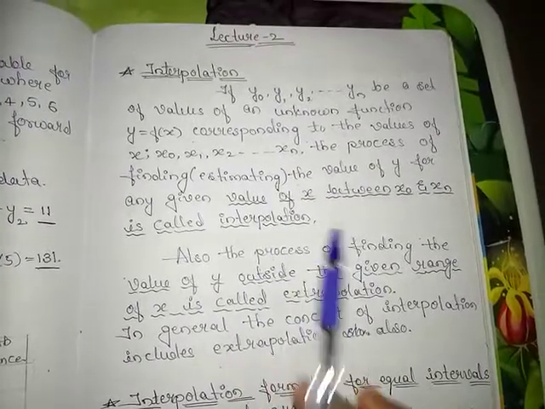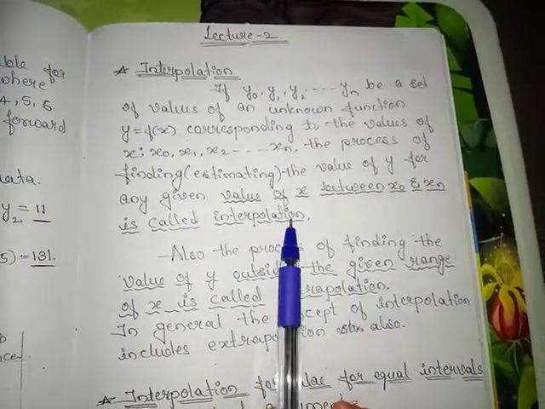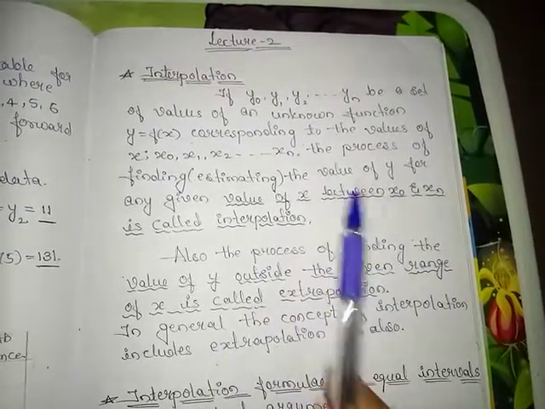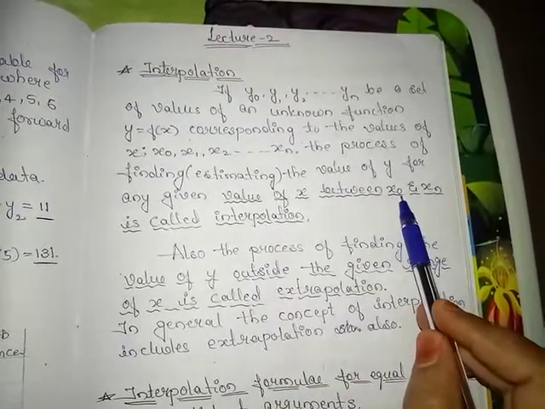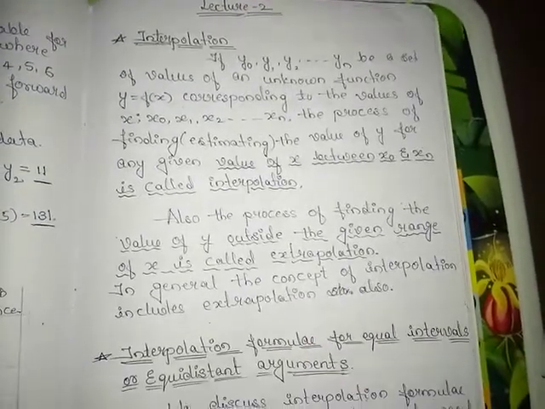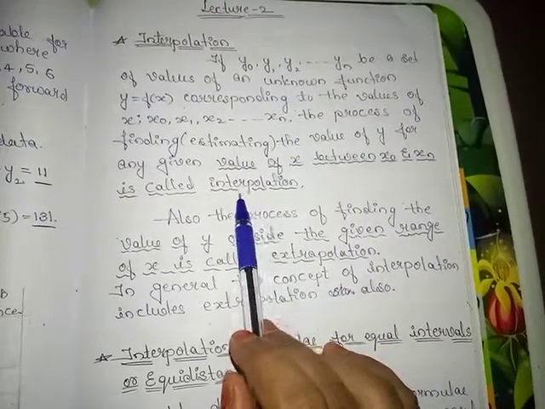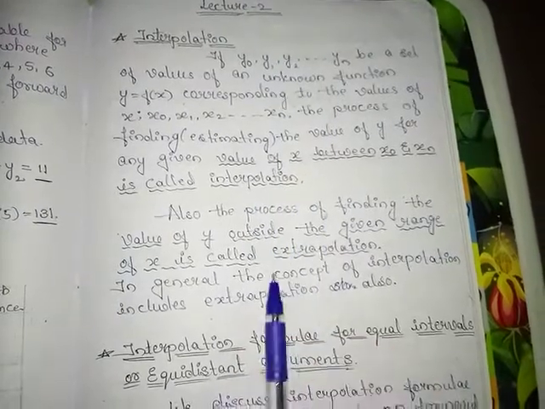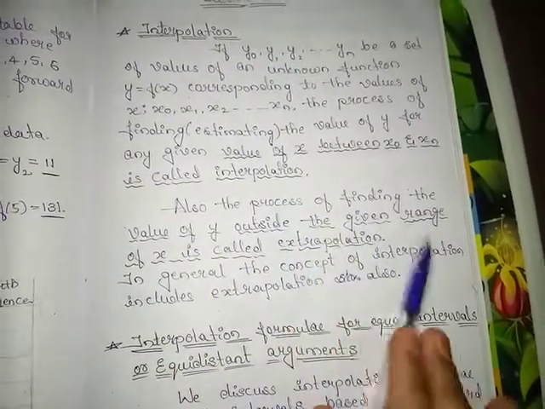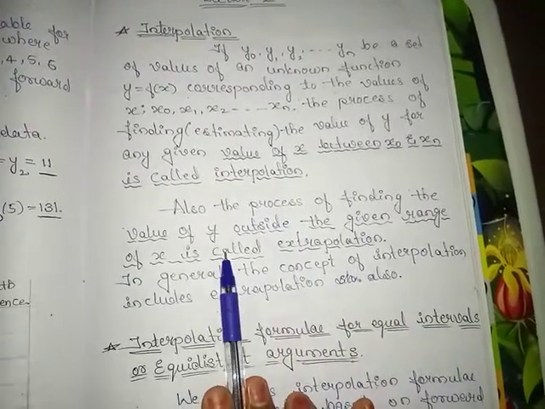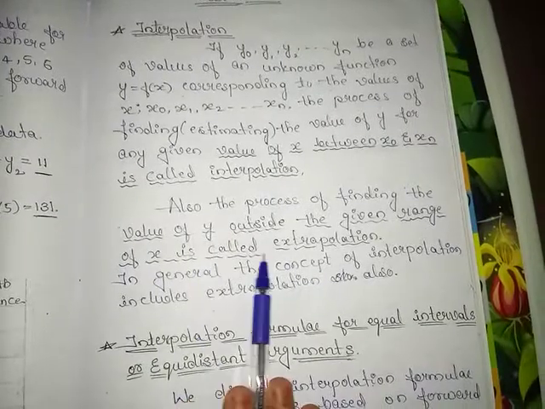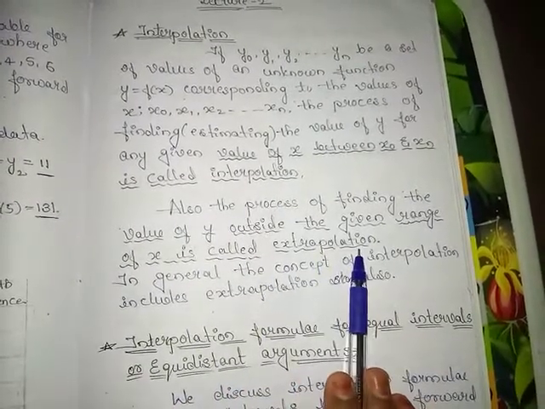Simply, interpolation is the process of finding the value of y for given values of x which lie between x0 and xn. Also, the process of finding the value of y outside the given range of x is called extrapolation.